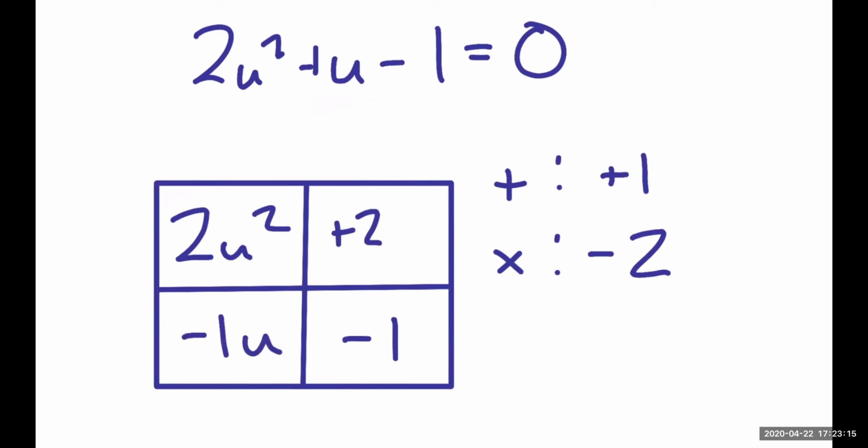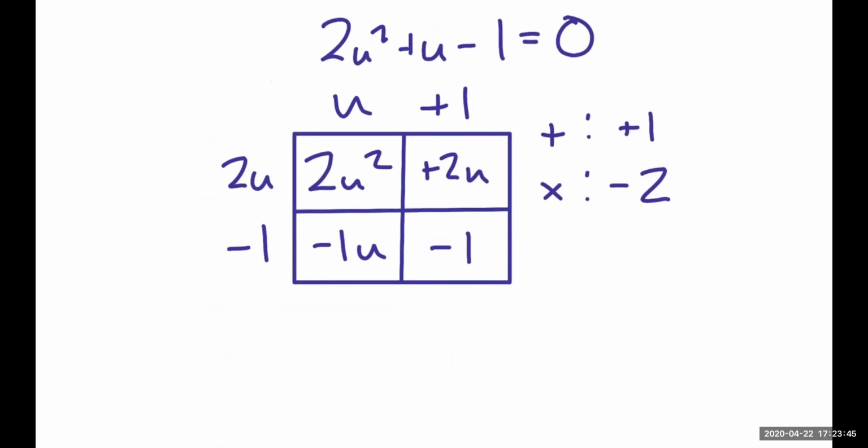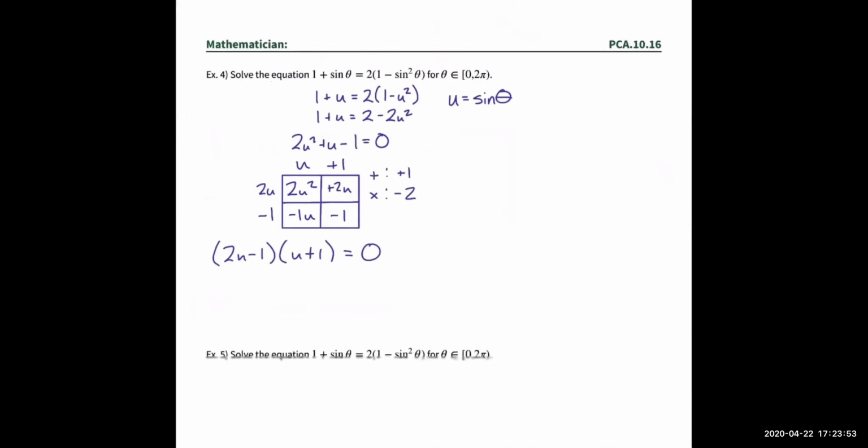And those are going to be our u terms. And then going this way, my greatest common factor would be 2u, mea culpa. And then going this way, my greatest common factor would be +1. If I have a 2u squared and a 2u, I'm going to need a u here. And if I have a u here and a bunch of -1s, this should be -1. All right, so our factored equation is 2u minus 1 times u plus 1 is equal to 0.